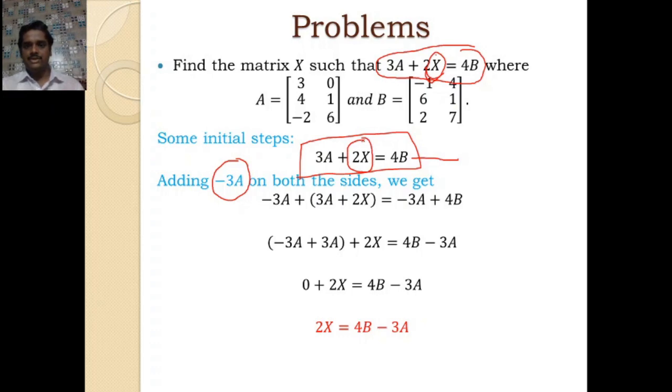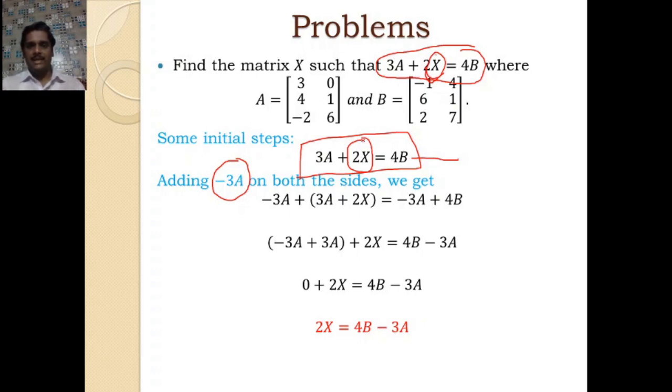To get x, we should have x alone on the left side, and that has to be equals to something. So to get x alone, I'm adding this minus 3a on both sides. Why do that? What will happen? That you'll see next. So let's add minus 3a on both sides.